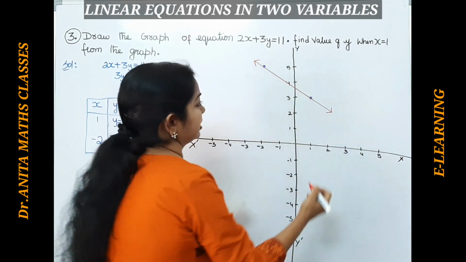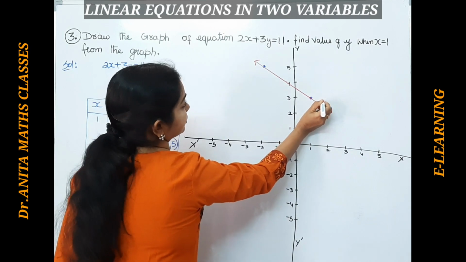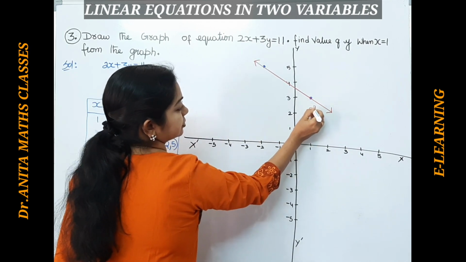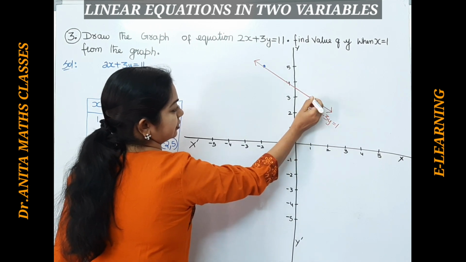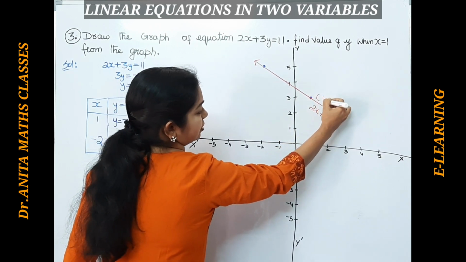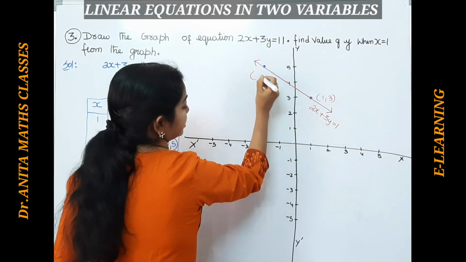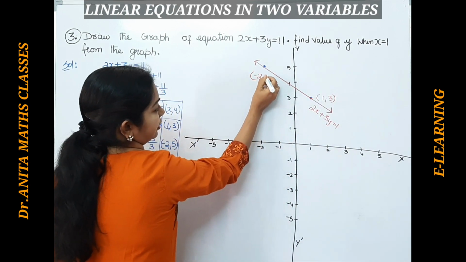So join it with the scale. This is the graph of 2x plus 3y equals to 11. Right, this point is 1, 3 and this point is minus 2, 5.